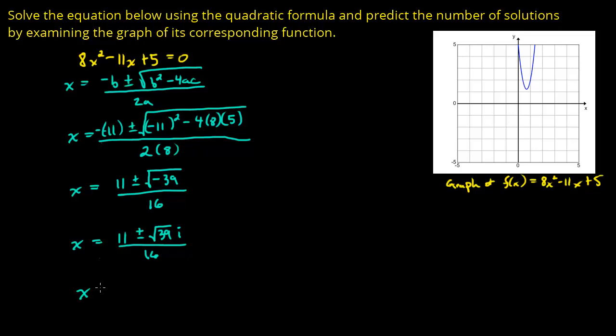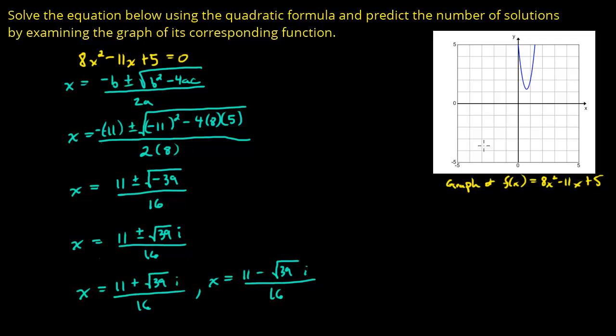One of the roots is that x is equal to 11 plus root 39i, all divided by 16. And the other solution is that x is equal to 11 minus root 39i over 16. So although we can write this in terms of complex numbers, we don't get any real solutions.